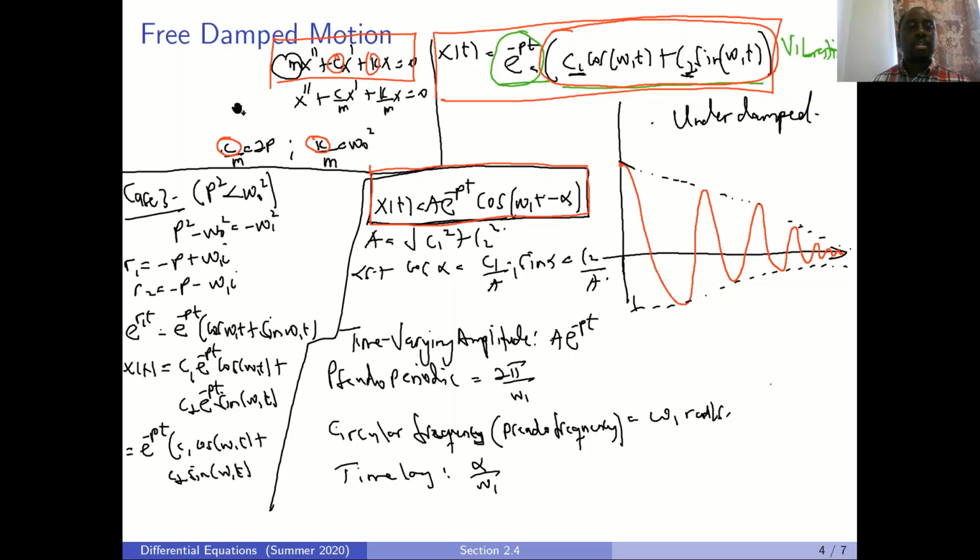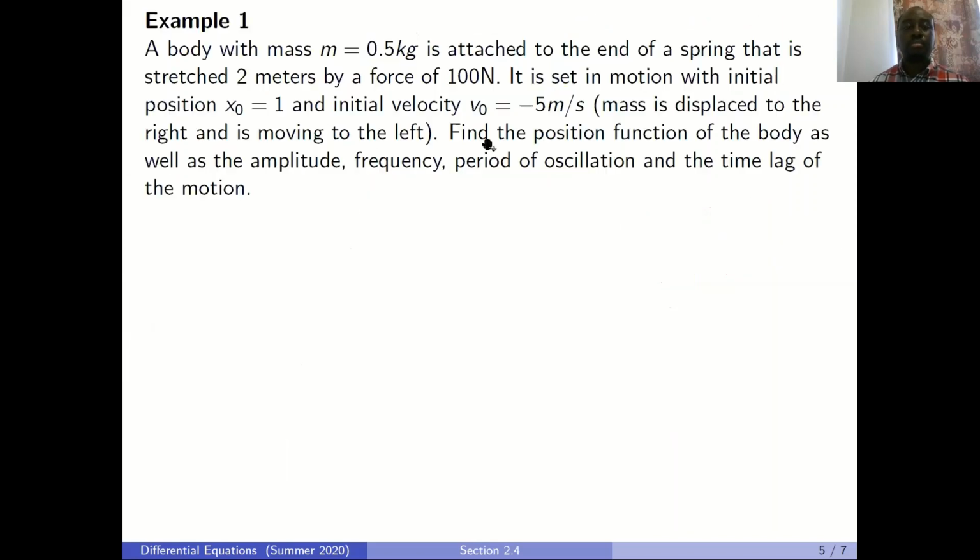All right, so let's take some examples. A body with mass of 0.5 kg is attached to the end of a spring that is stretched 2 meters by a force of 100 newtons.